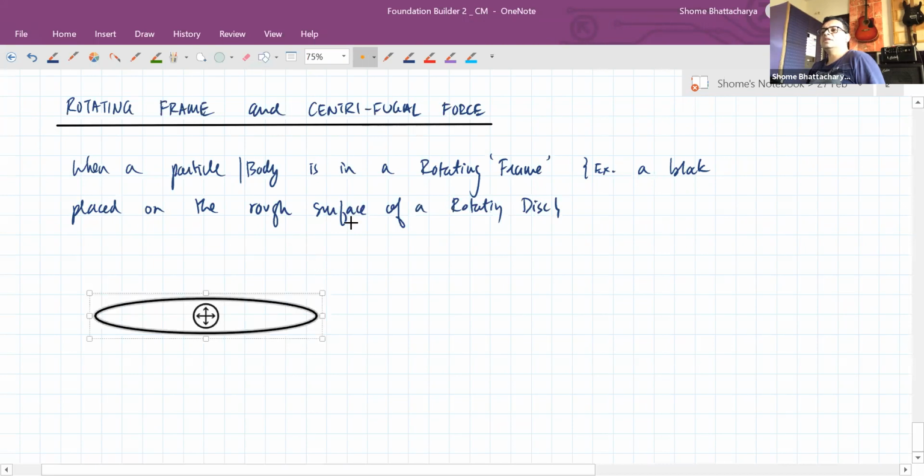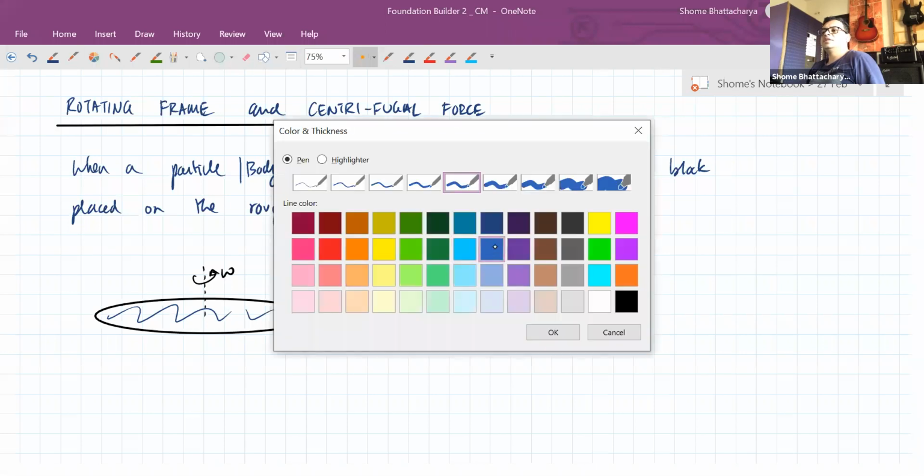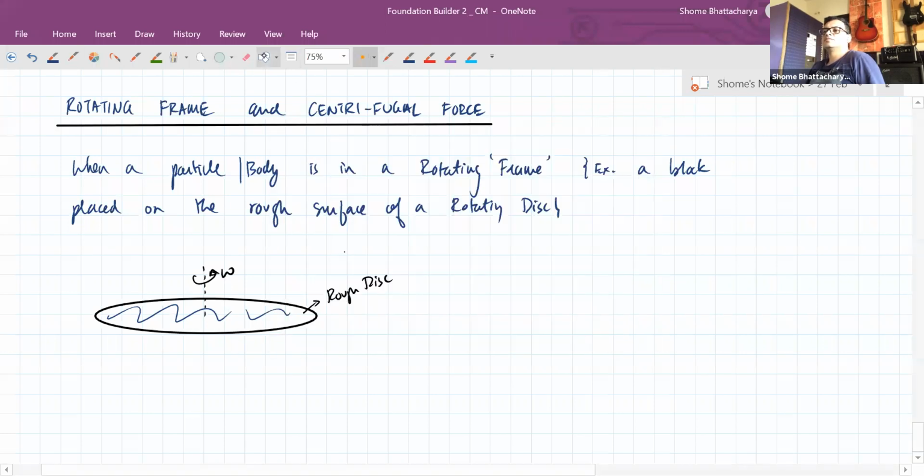So imagine we have a disc like this, which is rotating about this axis, and this is the rough surface, and we have a block or a particle or something like that which is placed on that rough surface, then this will tend to experience what we call centrifugal force.